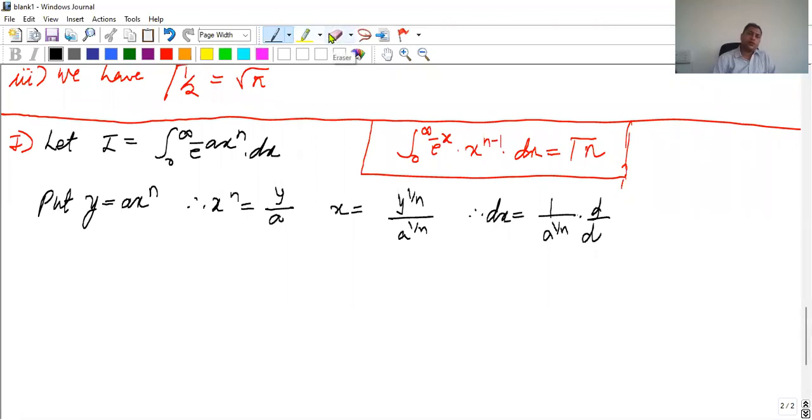Now we have to consider the derivative. So the derivative of y raised to 1 by n will be 1 by n, d by dy. So here we have the derivative is y raised to 1 by n minus 1 and dy.